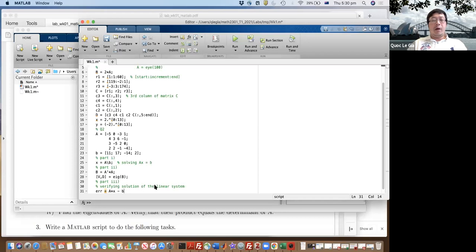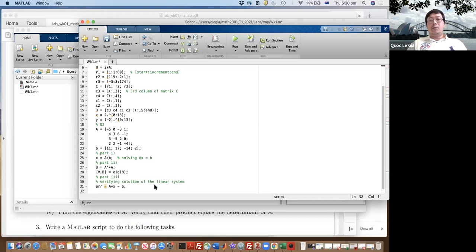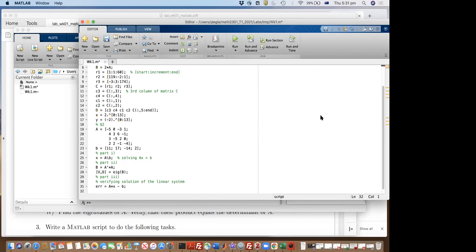Now, how do you verify the eigenvalues and eigenvectors part? How do you verify that MATLAB did the right thing? We take A times V minus lambda times V.